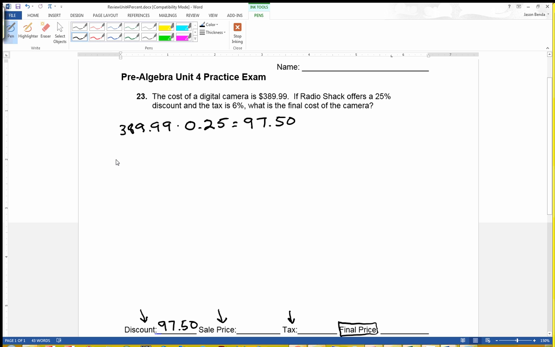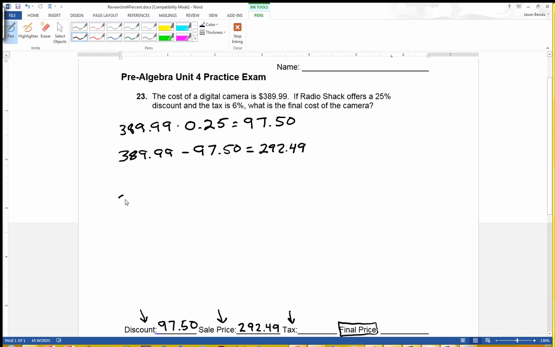And then to compute the sale price, I've got to subtract that. So I've got to take this $389.99 again, and I'm going to subtract $97.50. And that's going to leave me with, let's see, $292.49. So there's my sale price.